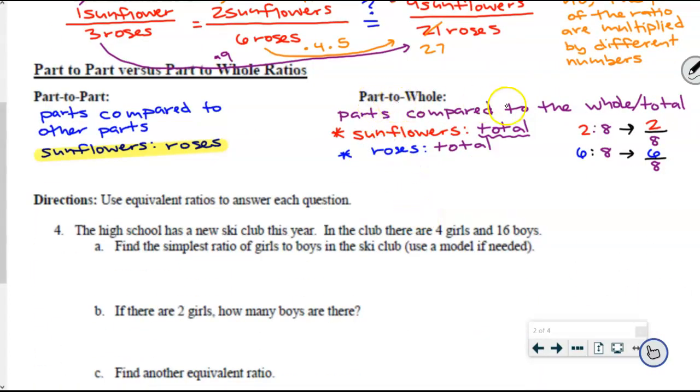However, if it is a part-to-whole, these ones, these are true fractions, because we're comparing how many pieces we have to the total number of pieces. These ones are not true fractions, because we're comparing the parts to parts, not the whole. Not a true fraction.